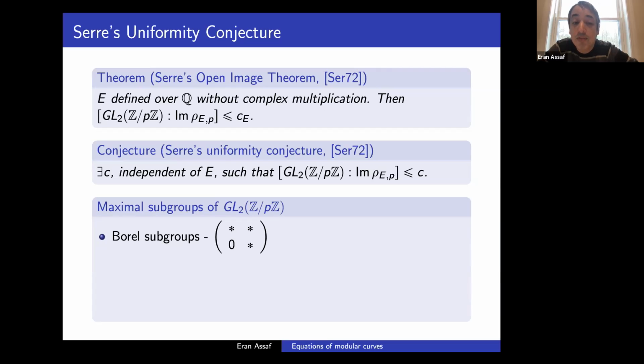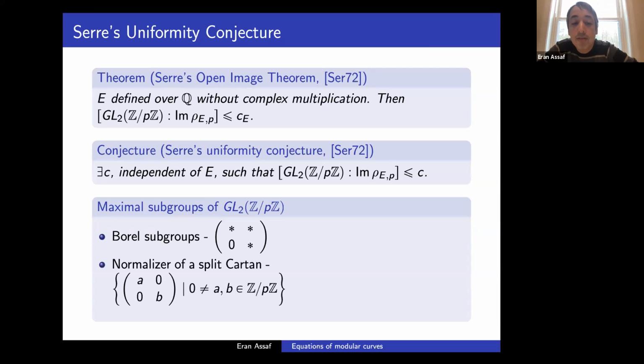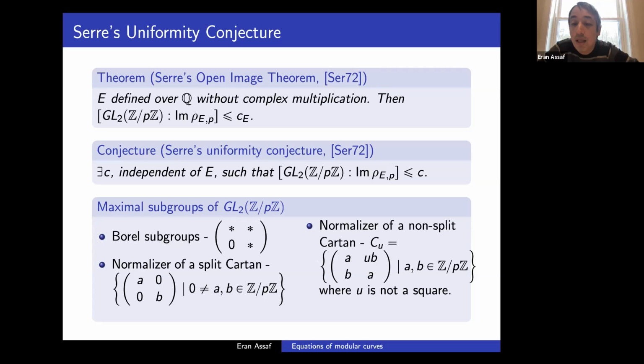There are several types. The first type is Borel subgroups. These are those that stabilize a line. We have split Cartans. These are groups of diagonal matrices, and we look at their normalizers. And we have what is called a non-split Cartan. If we pick U to be a non-square in Z mod PZ, then we can take matrices of the form (A, UB; B, A).